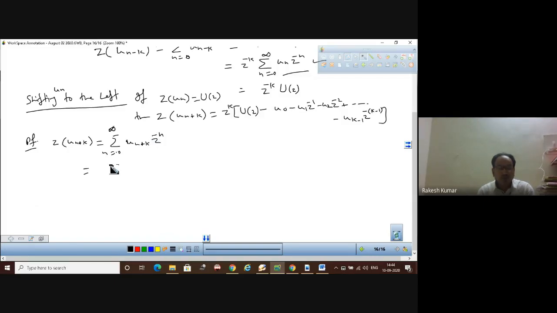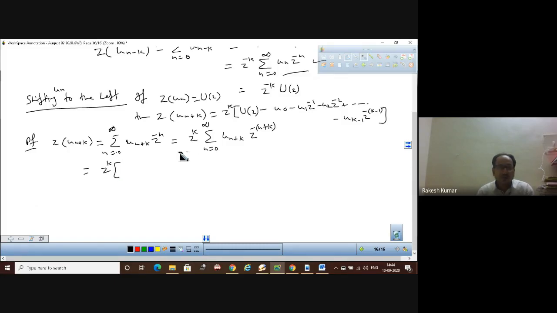Now you can make the adjustment of the terms by taking z raised to power k as common. Summation n is 0 to infinity u of n plus k z raised to power minus of n plus k, because we need z raised to power k. This is the adjustment of the terms.